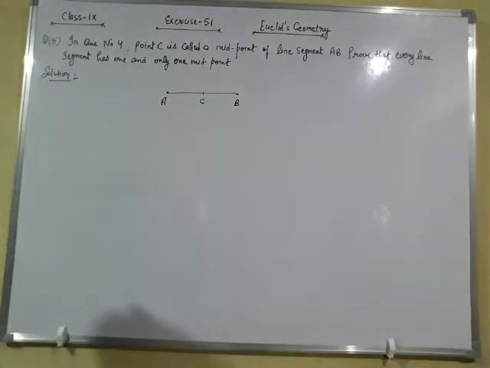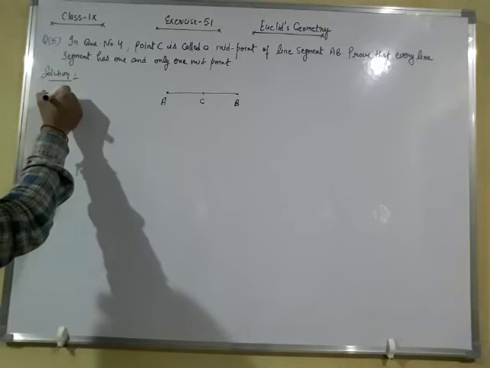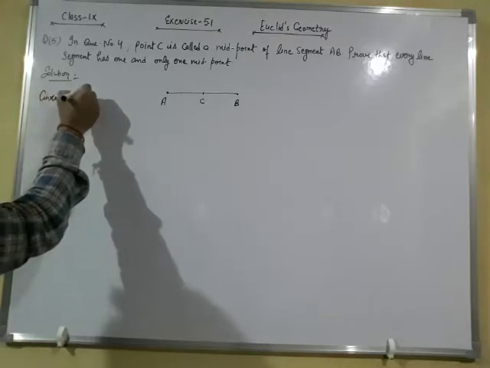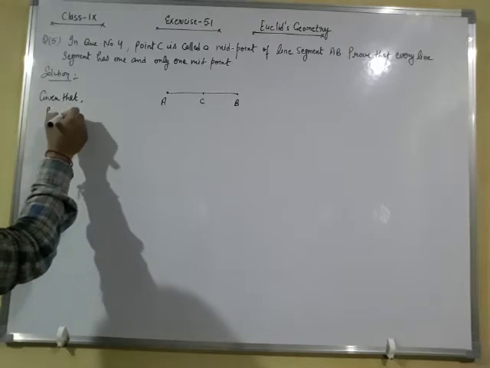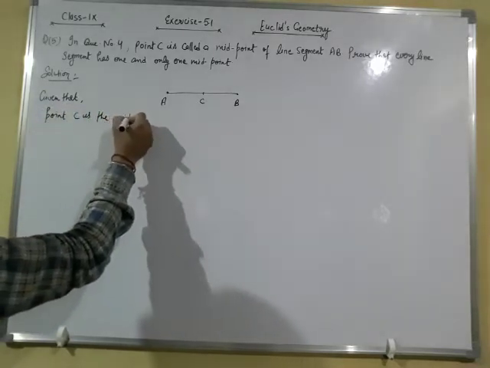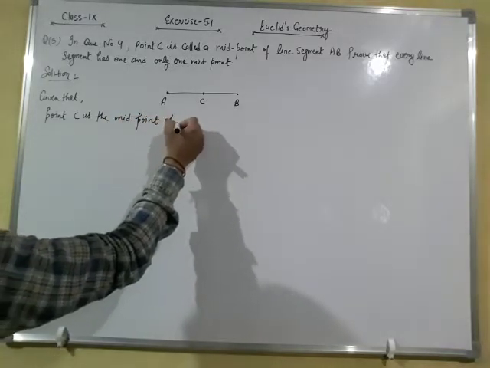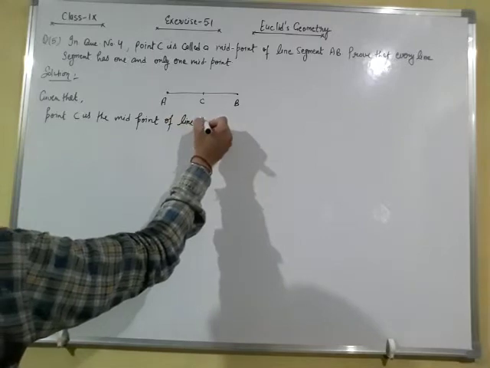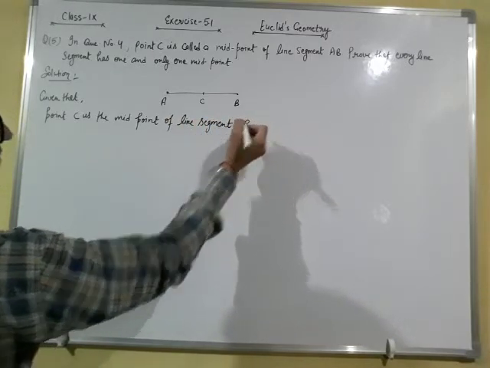So first of all, we will write down what is given to us. Given that point C is the midpoint of line segment AB.